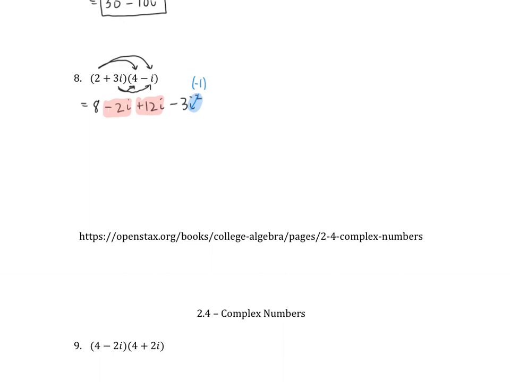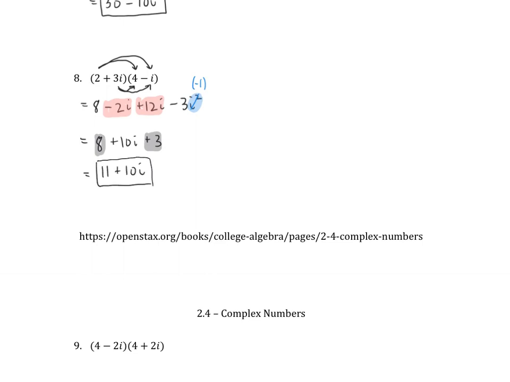Okay, so we have 8. Negative 2i plus 12i is positive 10i. Negative 3 times negative 1 is plus 3. And now look, we have these two real numbers that we can combine for our real part. So that will be 11 plus 10i. And that is our final answer here.